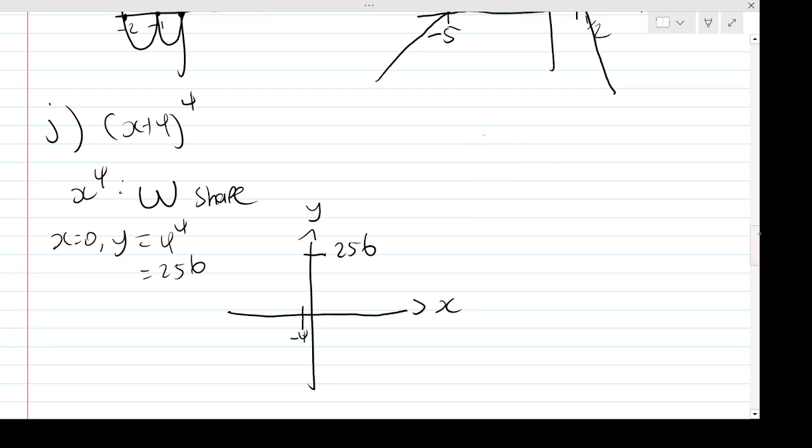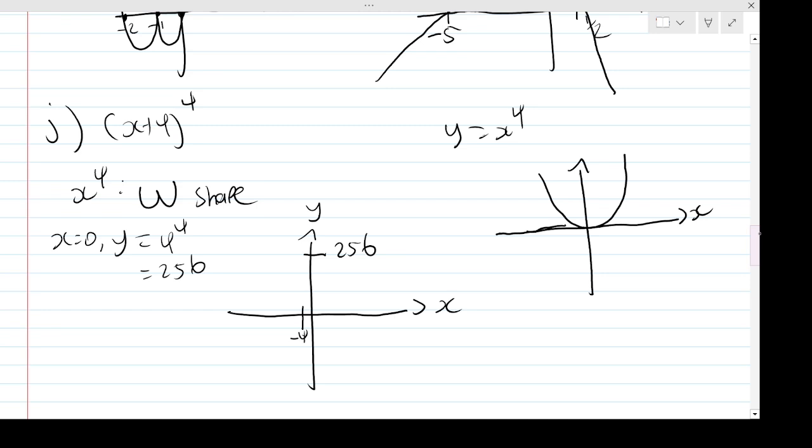In general, I should say, when you have x to the 4 like this, which is a quadruple root, x repeated 4 times, it looks like this. It kind of touches it, and it levels off as well.